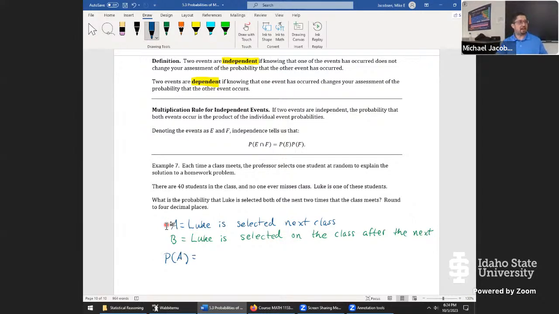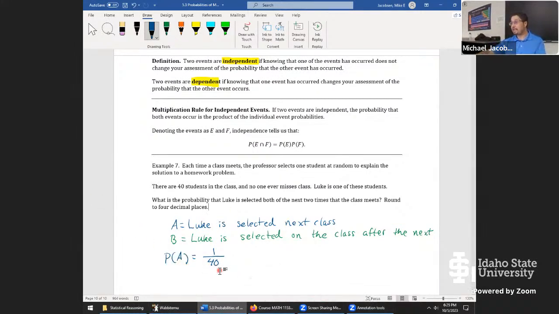So imagine you have a die with 40 different sides or a random number generator, selecting one number from 1 to 40. That would mean these are equally likely events. There's 40 different outcomes corresponding to the 40 different students. A is the event Luke is selected. There is only one person like Luke, so that would be 1/40th altogether.